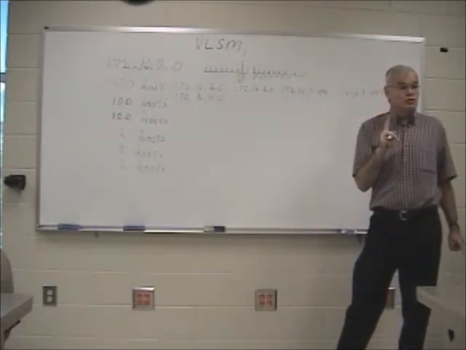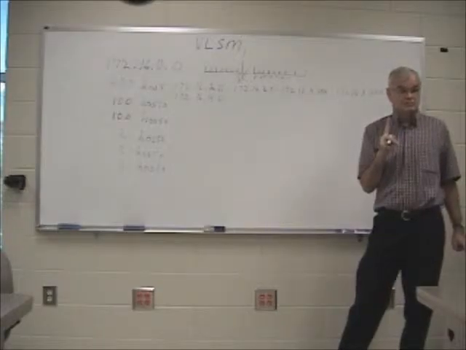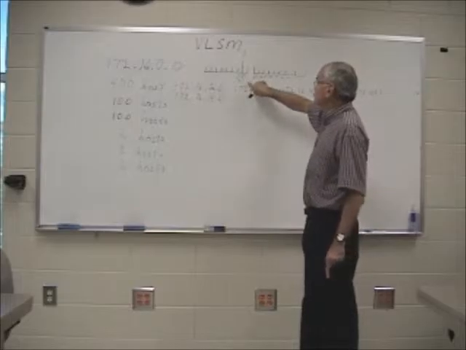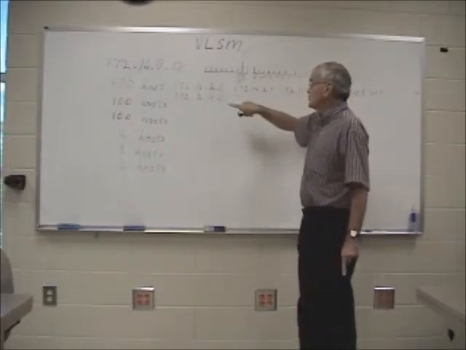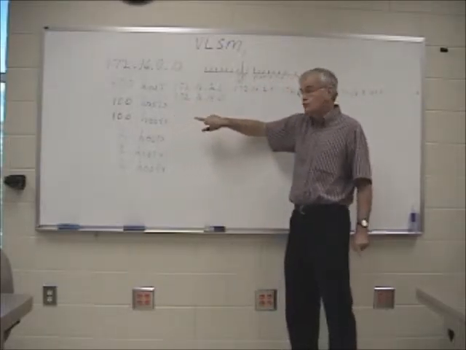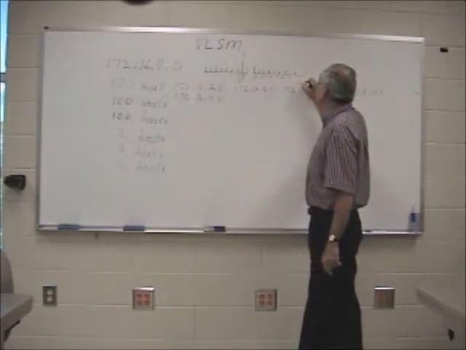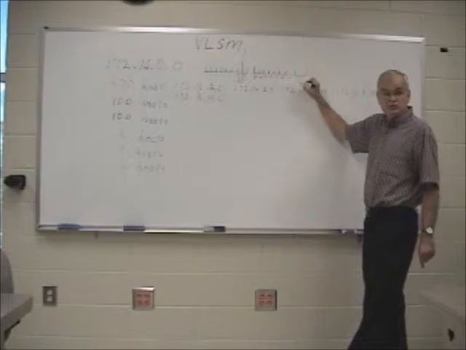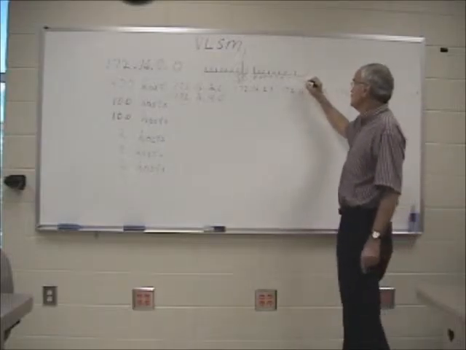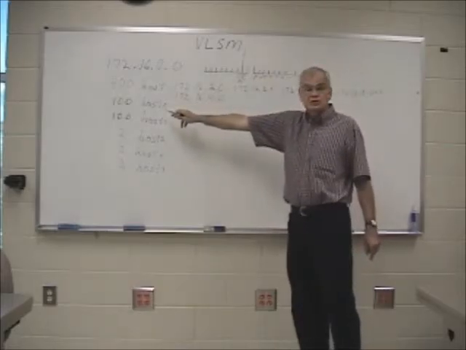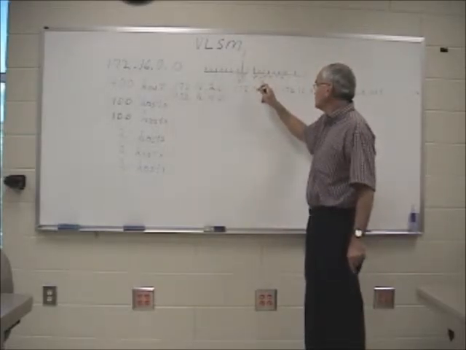Now what we want to do is split it again. So we're going to see how many bits we need to borrow to handle 100 hosts. Again, we're going to count from the right and work to the left. We look up here until we get to a number that's bigger than the number we need, 100: 128.